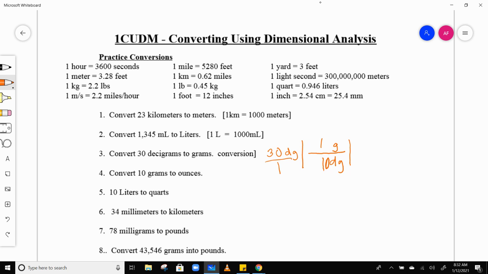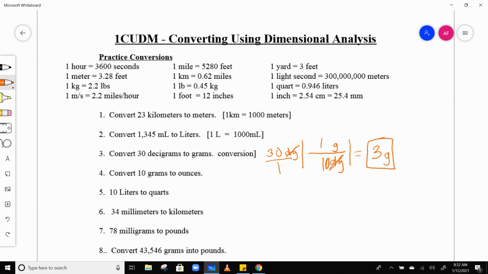So then you go 30 decigrams times 1 is 30, divided by 10 is 3. And then decigrams cancels with decigrams, so you wind up with grams in the end. So make sure for your answers you have units, and then you circle or box your answers.